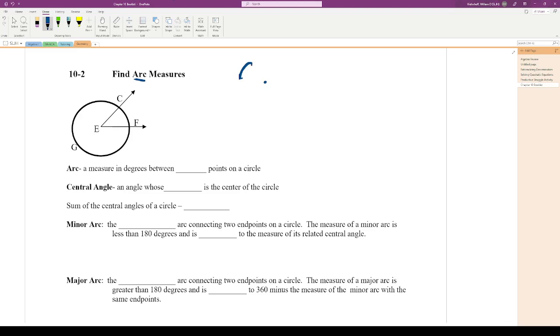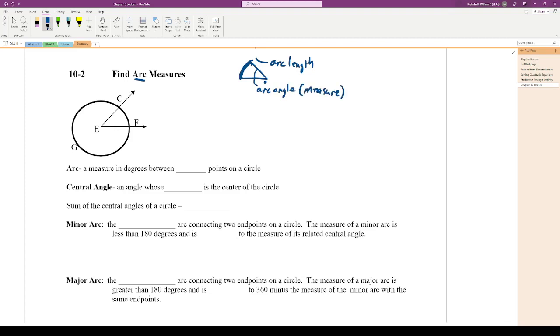So we can measure arcs in a couple of ways. Since it is kind of like a curvy line segment, we could measure its arc length, or we could measure its number of degrees, the angle. When we say arc measure, we're typically referring to the angle.